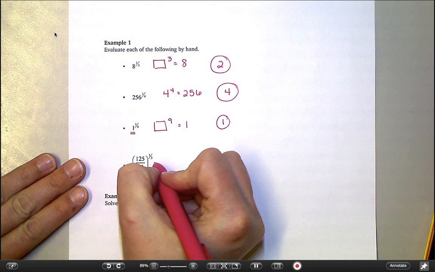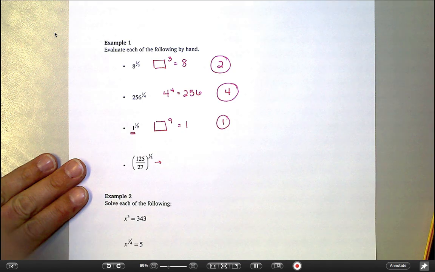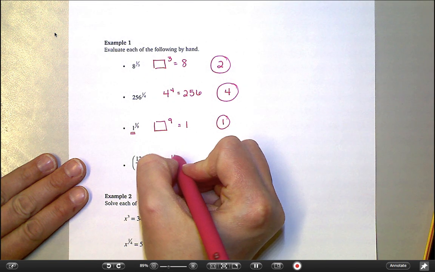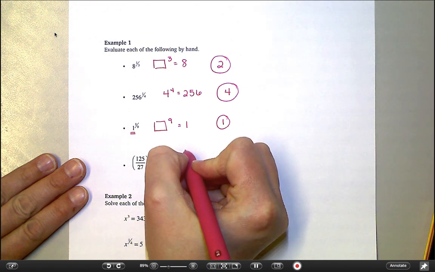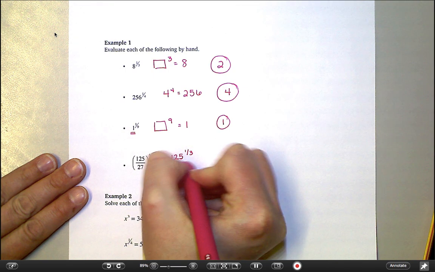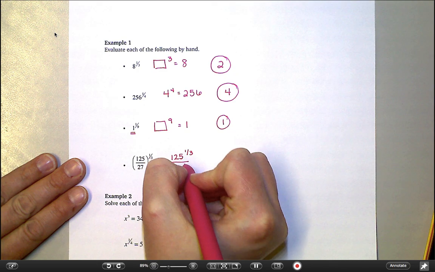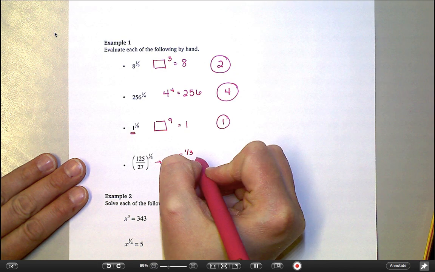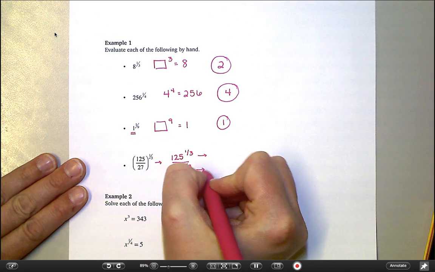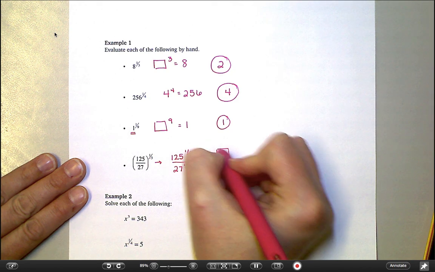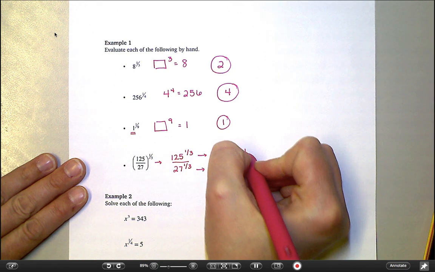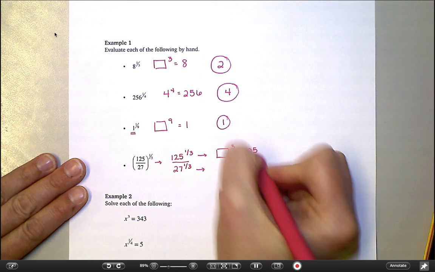And then for this last one, that power of 1/3 is applying to the top and the bottom. So we're going to go 125 to the 1/3 over 27 to the 1/3. And so then for each of these, we are asking what to the third power makes 125. I hope that you know that one.